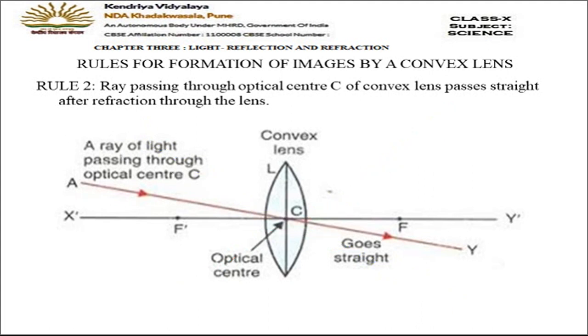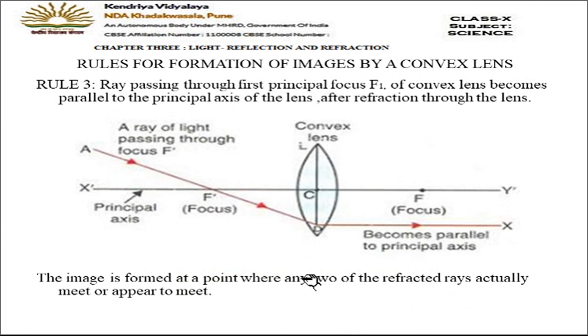Now, rule number 3. Whenever an incident ray passes through the focus point, you can see a light ray is coming from this side and it passes through the focus point. Any ray coming through the focus point, when it gets refracted by the lens, becomes parallel to the principal axis.